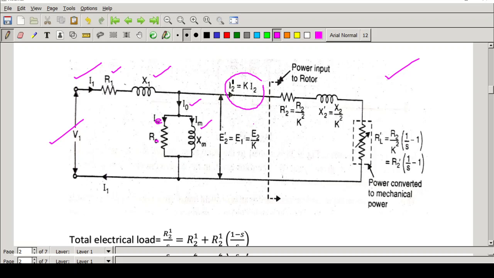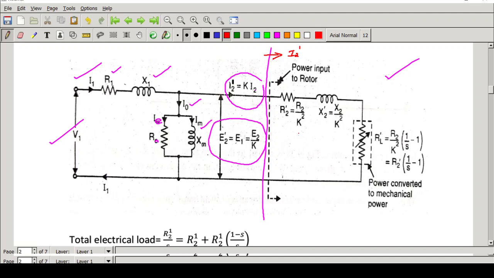That is why we see I2 dash, which is equal to K into I2, and E2 dash, which is equal to E2 by K. From this point, the current which is entering into the rotor we denote as I2 dash. That is to the right side of the line I have drawn in purple color. So this is the current flowing into the rotor. And what about the total resistance?